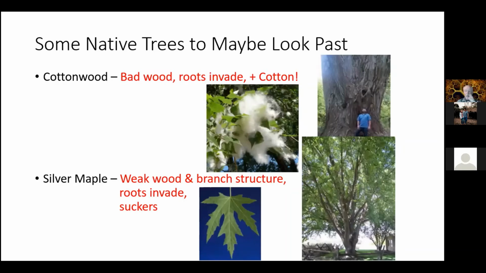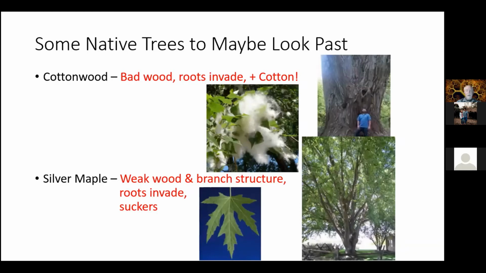So moving right along, silver maples, also very large, very fast growing, very long limbs. They like to branch out very low, like the specimen I show here, and then have these huge long limbs. And if one of those breaks off, it can do a lot of damage. They're a fast growing tree, so like the cottonwood, it's brittle wood, it can break. They also happen to have roots that like to invade sewer systems as well, even though they're not a poplar. They're an Acer, they're a maple.